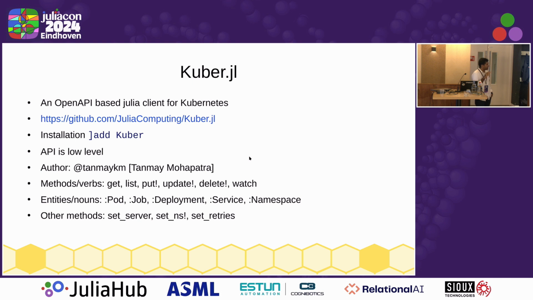So the package functions are modeled on this idea of verbs and nouns. So nouns are just the entities that you have on Kubernetes. Typically you might use something like a job to run some Julia code to completion. Ultimately, everything becomes a pod.